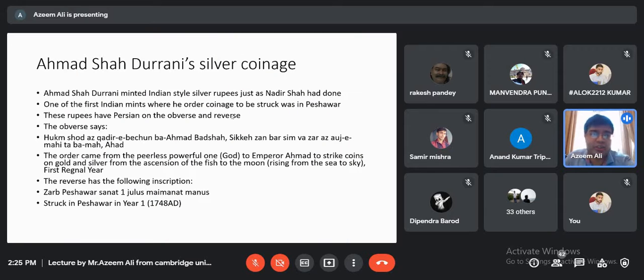Ahmad Shah Durrani also struck silver coinage, and these were also in Indian styles, just as Nadir Shah had used. One of the first Indian mints where he ordered coinage to be struck was in Peshawar. These rupees have Persian on the obverse and reverse.